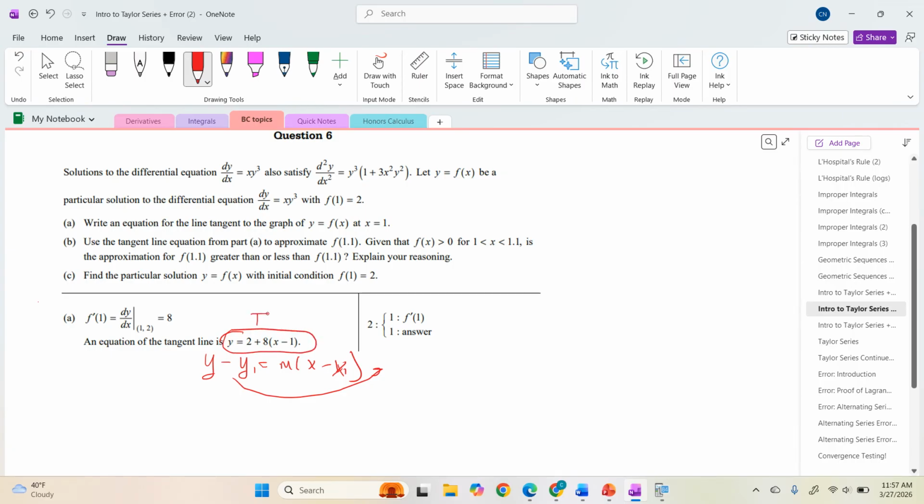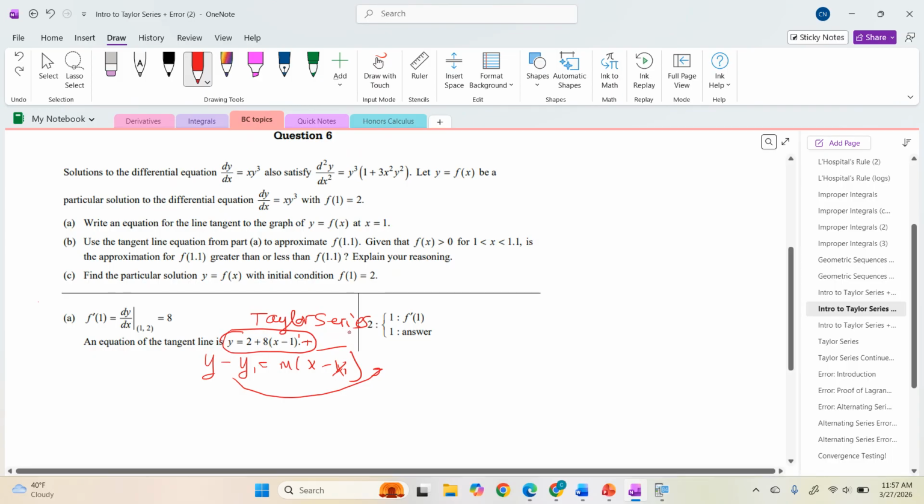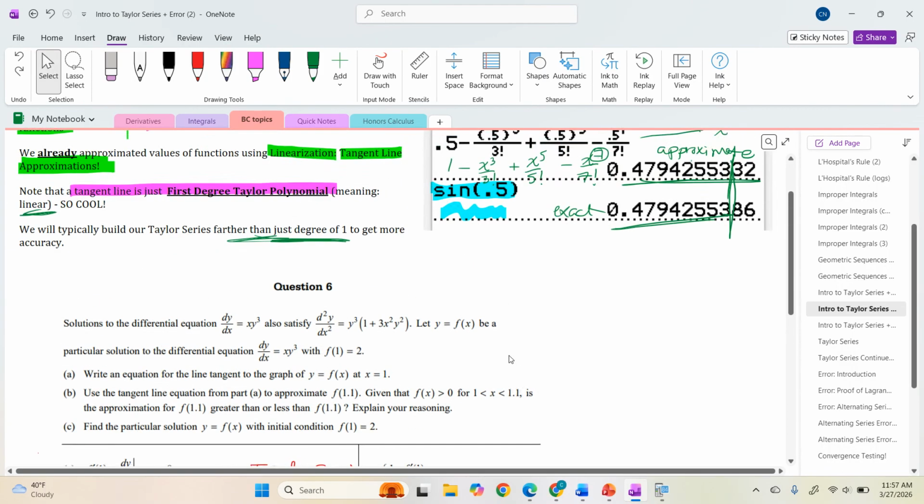And that's to make it look like a Taylor series. This is a first degree Taylor series because it's to the first power. And we're going to be adding on more powers, to the 2nd or to the 3rd. But as we practice this more, this will be even clearer to you. Just to point out why they write it like this: it technically is a Taylor series, and this makes it look more like a Taylor series.